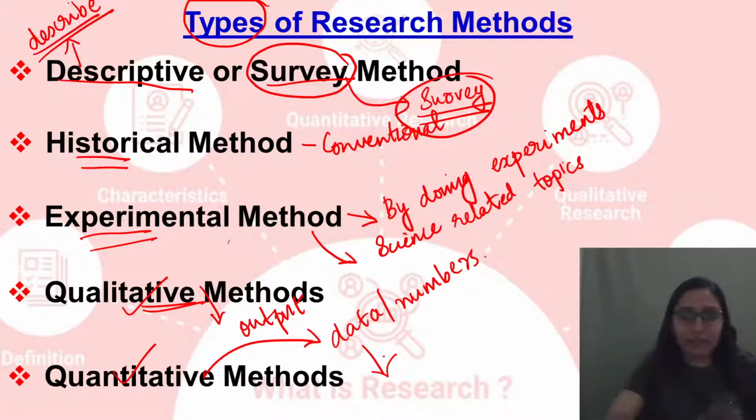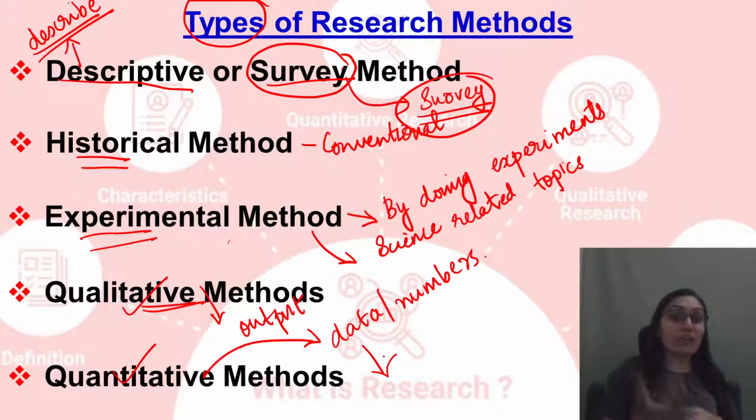Yesterday, if you remember, we saw this example, like if suppose there is a particular disease, how many people are affected? Let's take the very recent example of COVID-19. So quantitative method means that survey will be conducted in order to know the number of people who are under quarantine, or those who are already admitted in the hospital, those who are affected, or those who are infected by COVID-19.